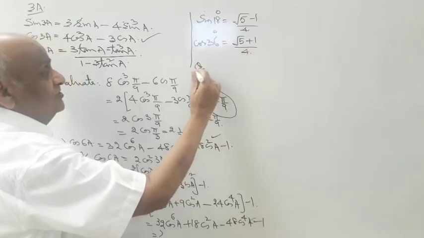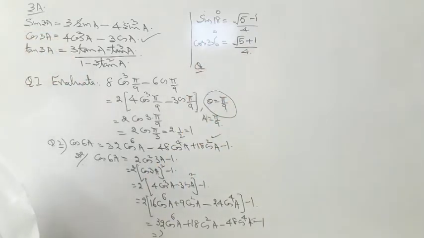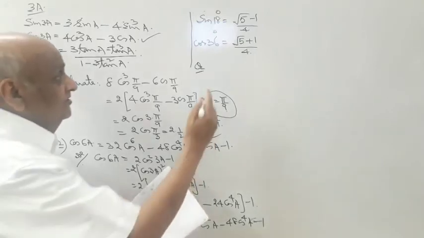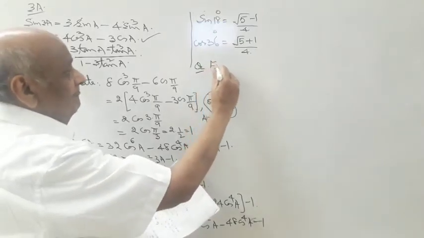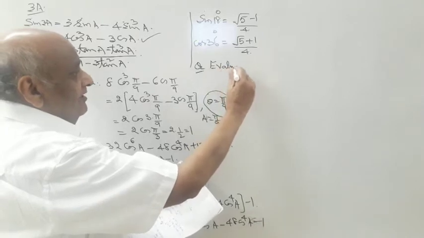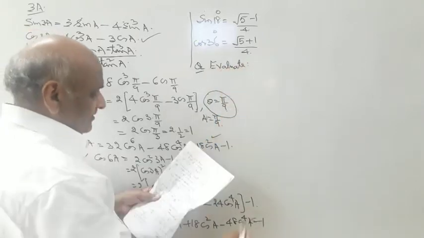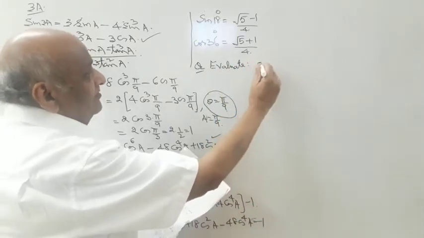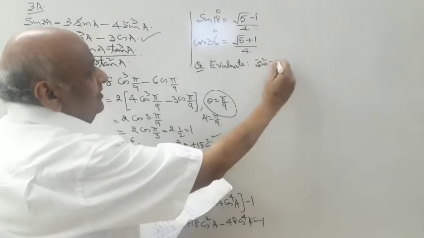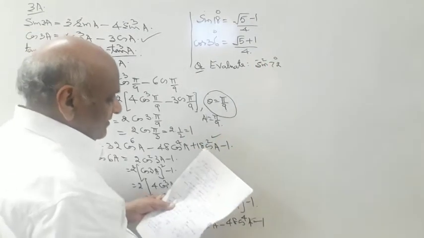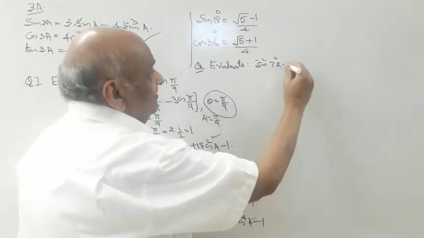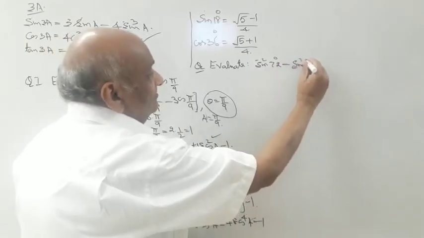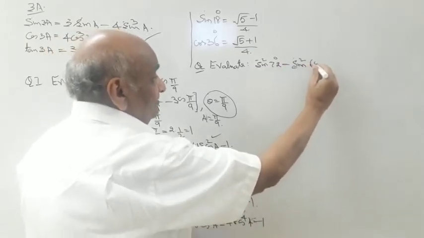So take up a question based on the above results. Evaluate sine square 72 degrees minus sine square 60 degrees.